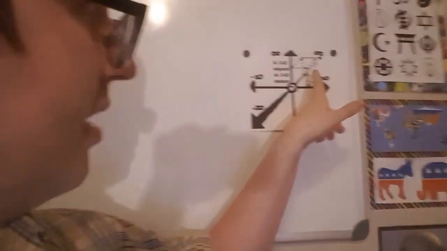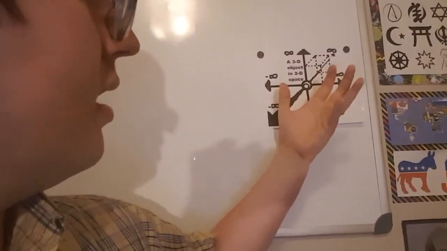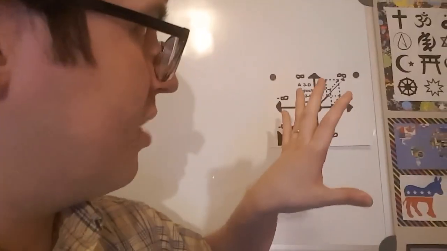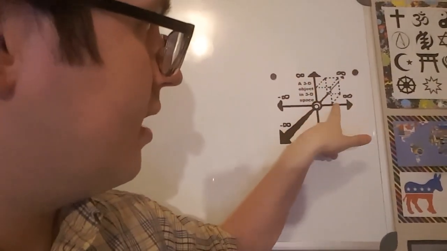If you could see the back of my head, you would be seeing a full 3D object. Like, if you're just looking at this cube right here, you're not seeing the full back of it. You're only going to see the back of it because it's transparent, and that's the way I drew it. But if you're just looking at it from one side, you're only seeing this part of the cube. I hope that makes sense.